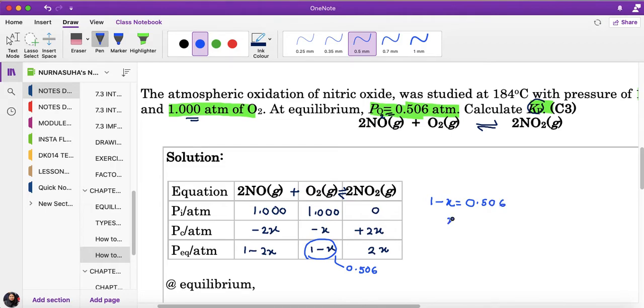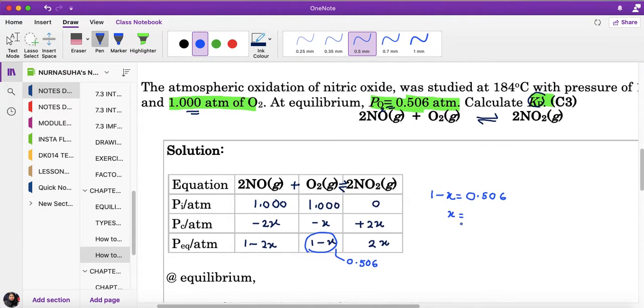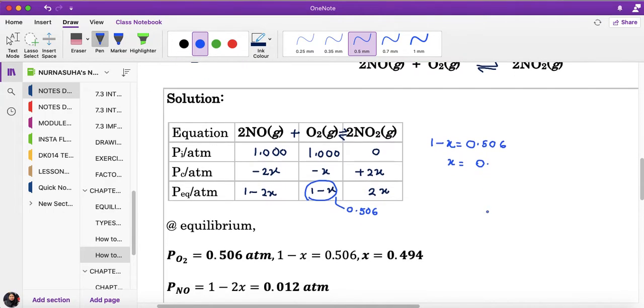So selesaikan X, you should get 0.494. So maksudnya dah dapat X, bolehlah masukkan dekat setiap value.